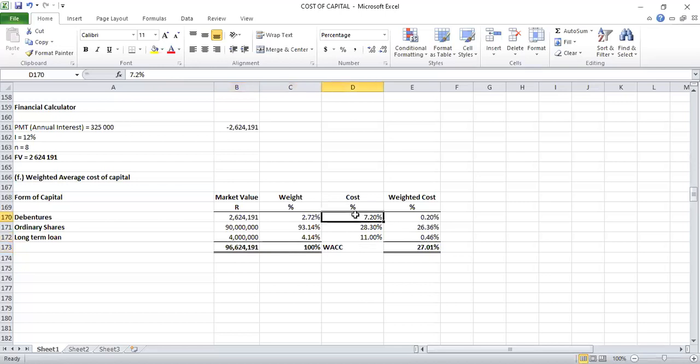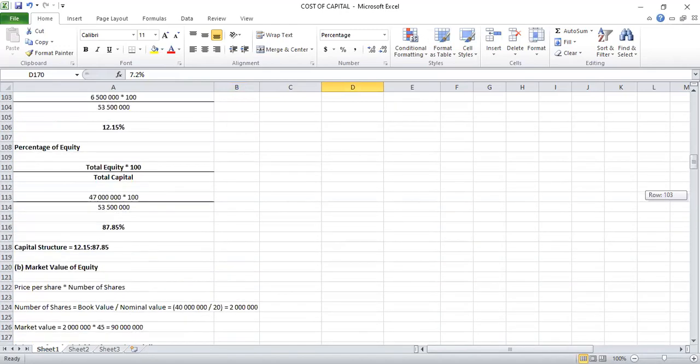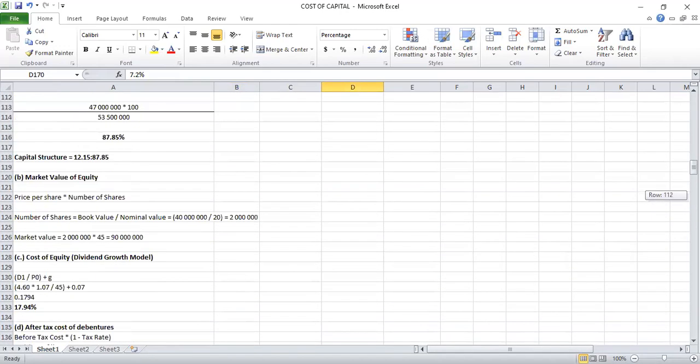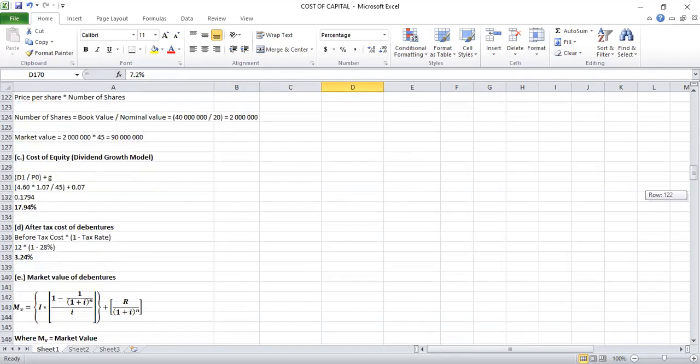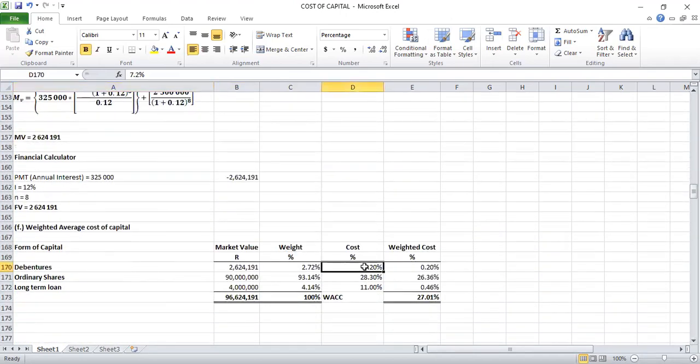Right, these costs are coming from above. The cost of ordinary shares we calculated in part C, and we found that it is 17.94. So this is 17.94.